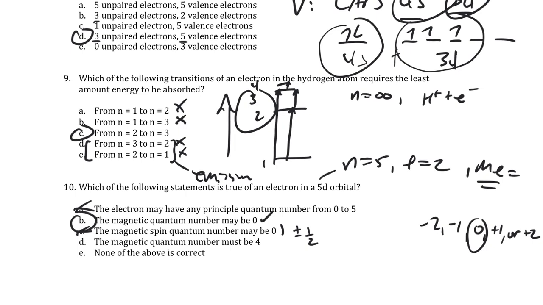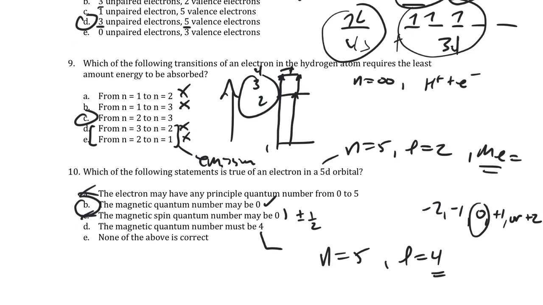And then the magnetic quantum number must be 4 is wrong because it can't even range up to 4, for one. And then I think the reason why this answer is here is if you imagine n being 5, there could be an L equals 4 orbital. That's just not a 5d orbital.